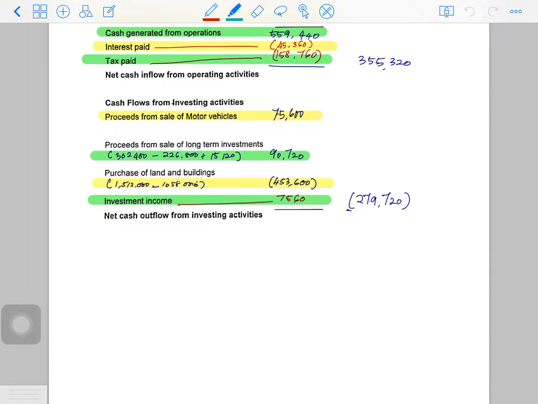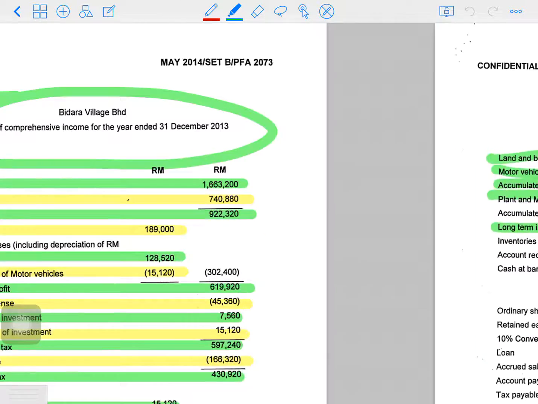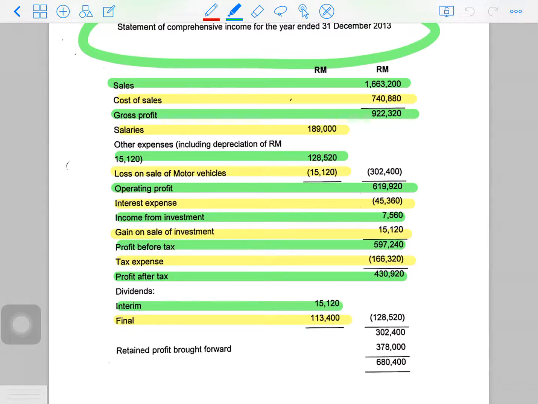So maknanya kat sini the difference is 90720 kan, difference dia. Tak sebenarnya you kena tengok juga dalam Sochi tu ada tak ni, loss of motor vehicle and then gain on sale of investment ni ada ni.